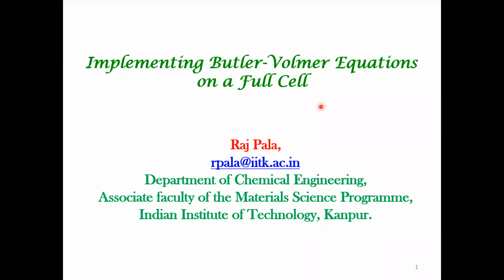Welcome back. In this lecture, we will look at how we can implement the Butler-Volmer equation in the context of a full cell. This is very important for most of the device applications. For example, when you're thinking about a battery, the voltage that we can get from a battery if it is discharging at a particular current rate, or even a device that requires a power input.